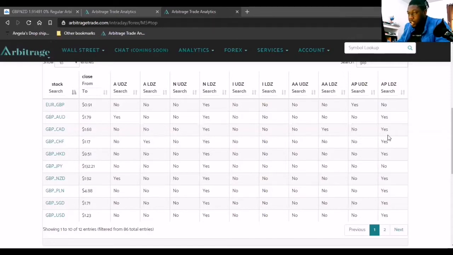GCAD is at the lower danger zone, 5 minute lower danger zone. Look at this, there's just a lot. I don't really care for GPCHF, but I'll take a look at it regardless. 5 minute lower danger zone.